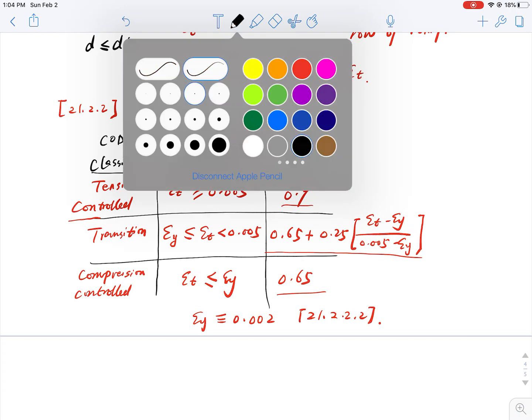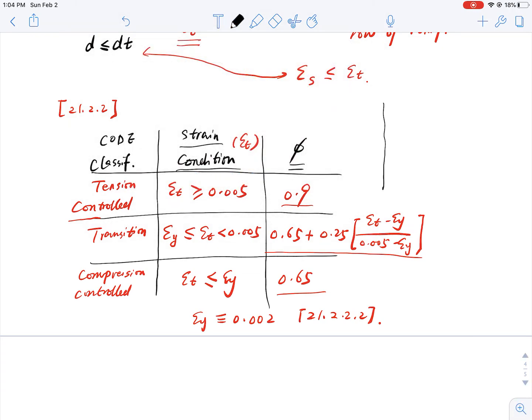To make it easier for you, if I draw a plot and let my phi be the vertical axis and my strain in the steel epsilon t in the horizontal axis, and let's say this is 0.65 and this is 0.9. Let me put this down here. So this is epsilon y equal to 0.002, and this is 0.005.